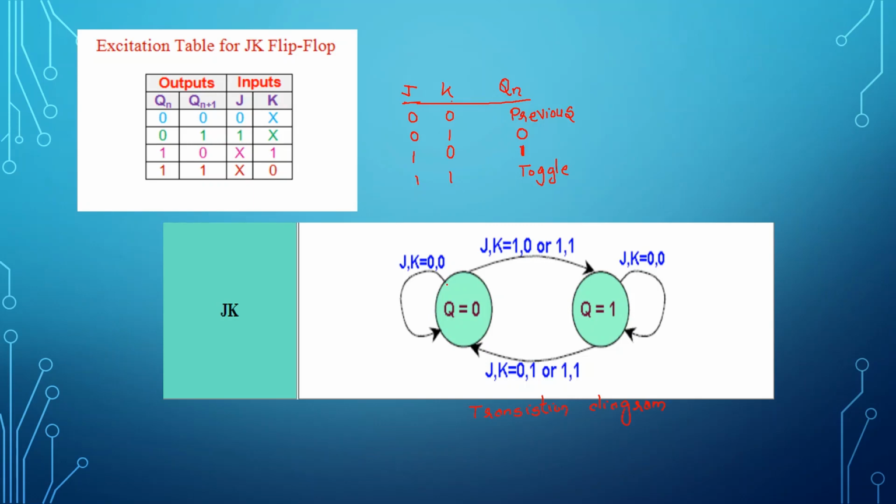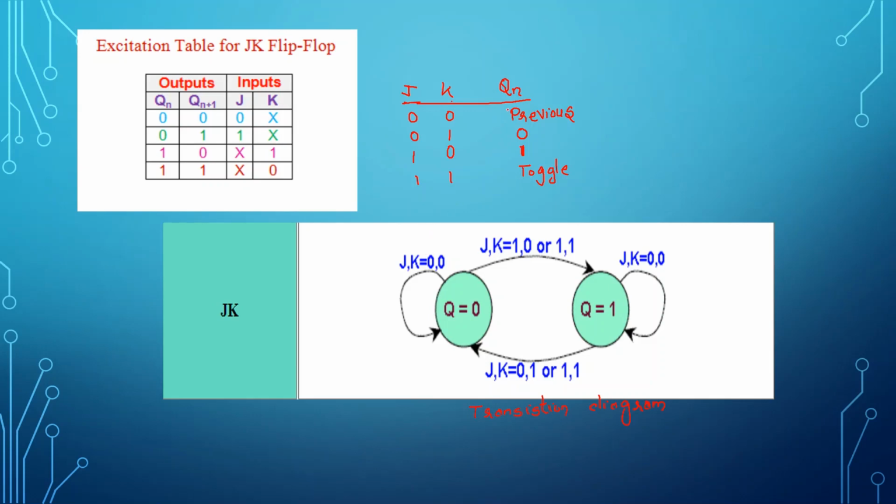If 0 has to remain 0 itself, what should be the input? Let me say that the data stored in the flip-flop is 0. Now you want the same 0 to be displayed at the output side. So what are the inputs you can give?